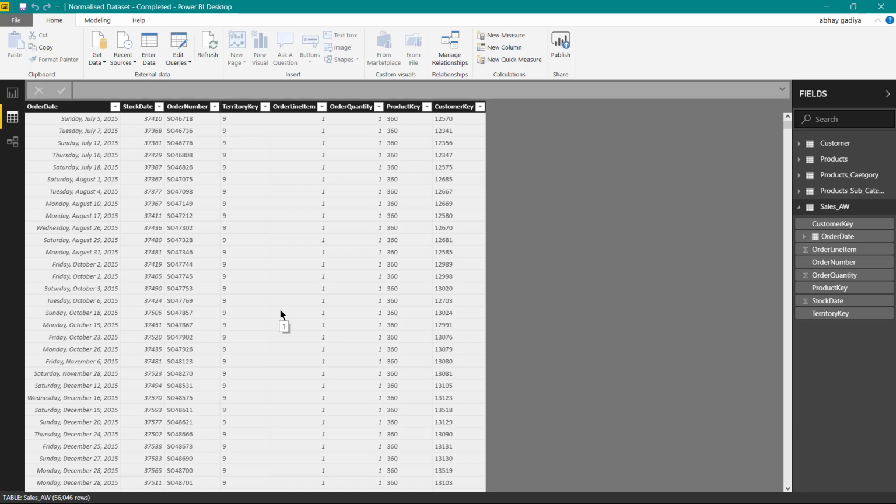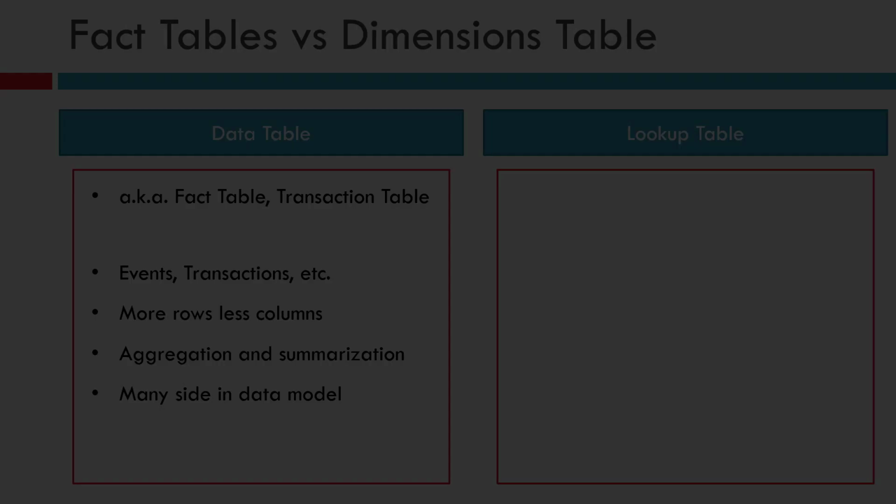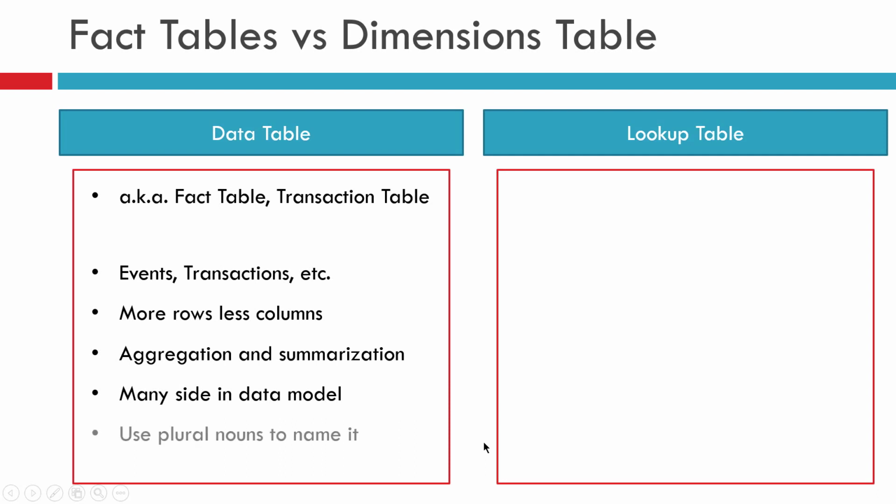We will see more about this in relationships in a later part of this video. So now let us get back to our deck. And last but not the least, these tables are named using the plural form of a particular noun. So it might be sales, returns, exchange rates, etc.